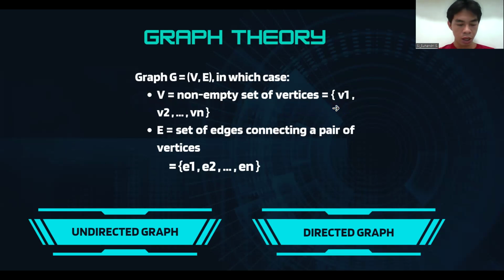E equals a set of edges connecting pairs of vertices, equal to curly brackets A1, A2, and so on up to An.